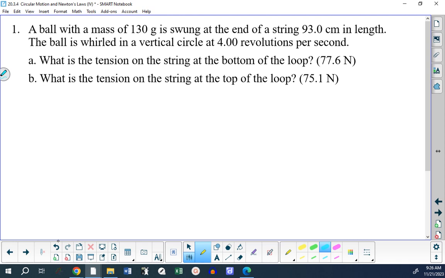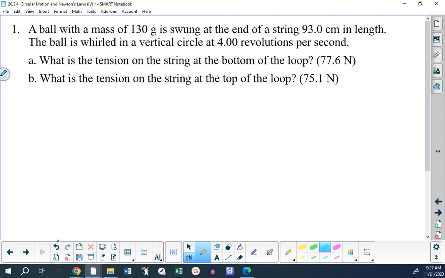This is on page 17 of your unit handout, and again, I kind of gave you a shortcut here. I don't want to eat up part of today's class time explaining where the shortcut comes from in terms of a free body diagram.